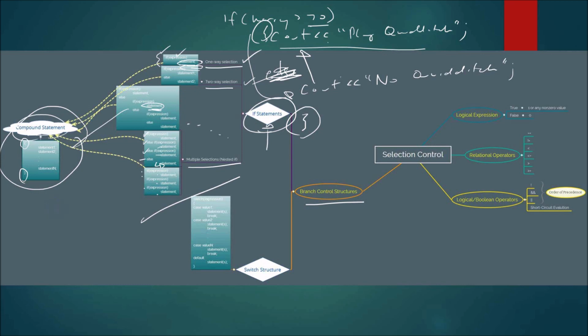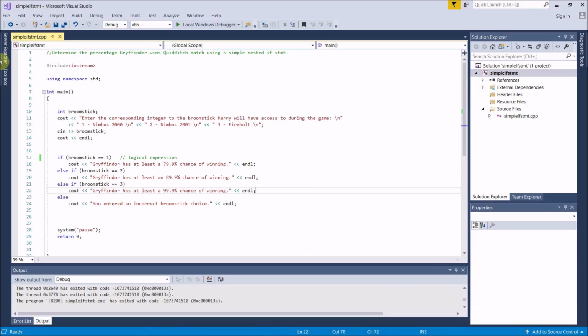Let's look at an example. So here we're going to determine the percentage Gryffindor wins a Quidditch match using a simple nested if statement. All right, we're like a Vegas bookie or something like that. Pound include iostream, remember our preprocessor directive, using namespace std, int main, int broomstick.